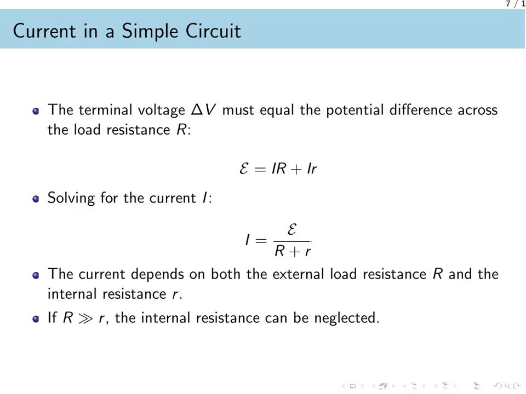By rearranging this formula to solve for the current, I, we find that the current is equal to the EMF divided by the total resistance of the circuit, which is the sum of the external load resistance and the internal resistance. This demonstrates that the current is not just a property of the battery itself, but depends on the entire circuit. If the load resistance is much larger than the internal resistance, we can often simplify our calculations by neglecting r.